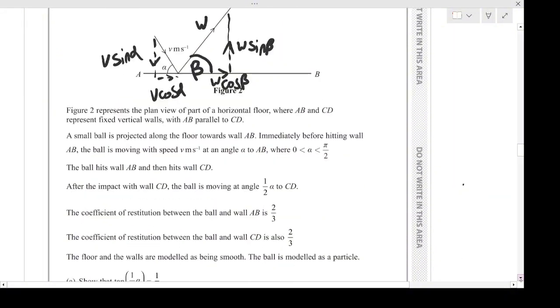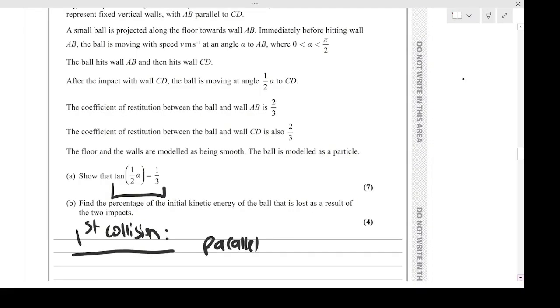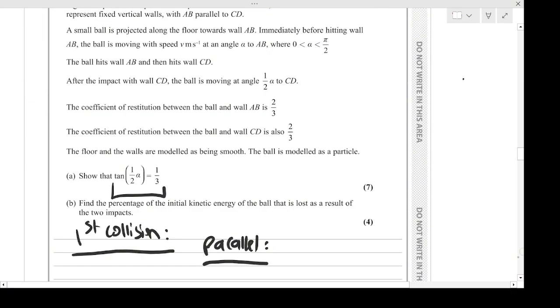So now what I want to do is consider my parallel and perpendicular equations. So parallel for the first collision. The parallel components remain the same. So those are the parts along the floor. So that's W cos beta is V cos alpha. Okay.